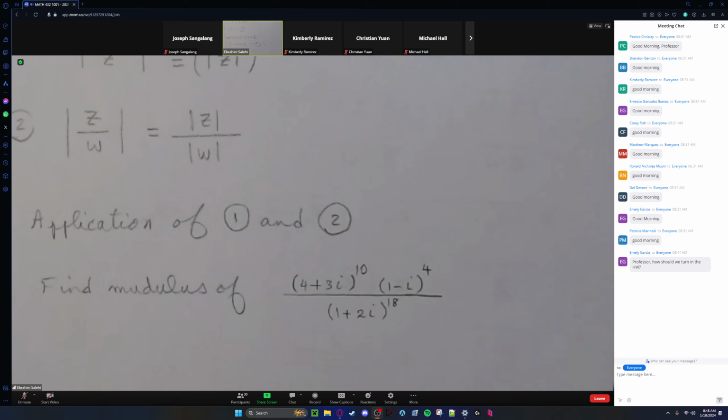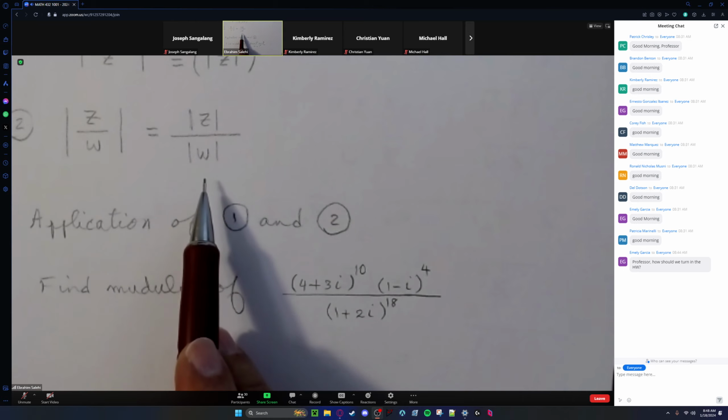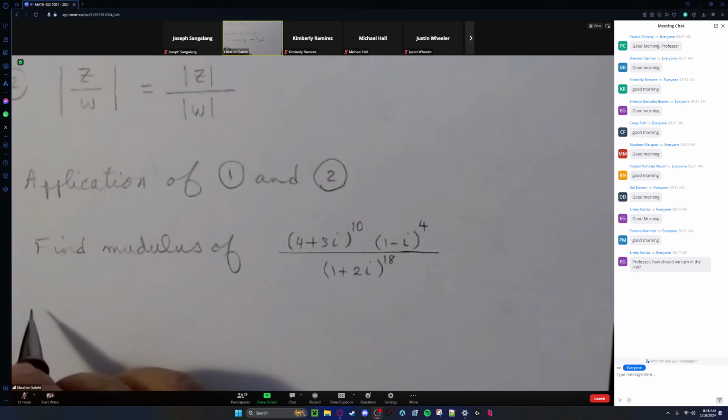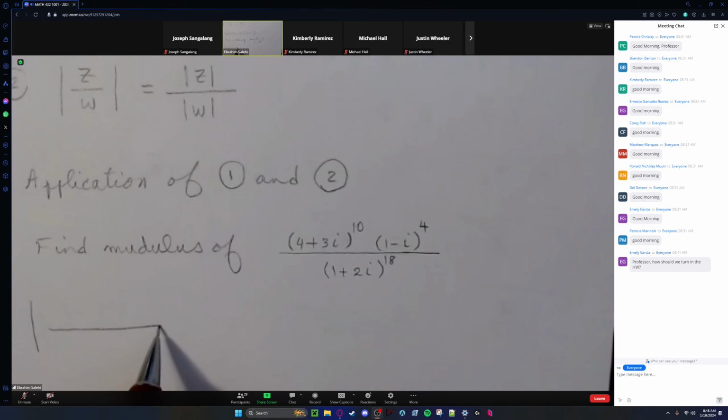But I am going to use these properties. Property number 2 says, if you want to find the modulus, it is the same as the modulus of the numerator divided by the modulus of the denominator. So we start with that. So here, this is what I am after.